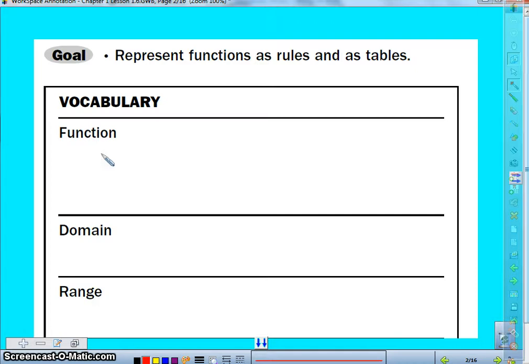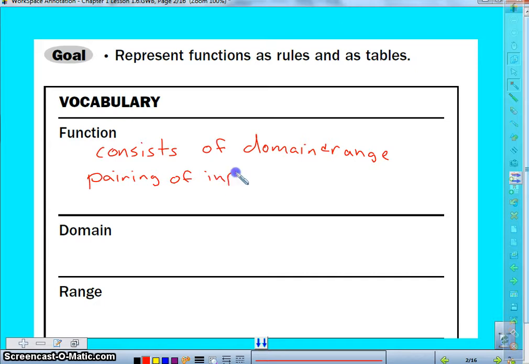Basically, a function consists of a domain and range, and this is the key part of this: a domain and a range, and it has a pairing of inputs with outputs so that each input only has one output.